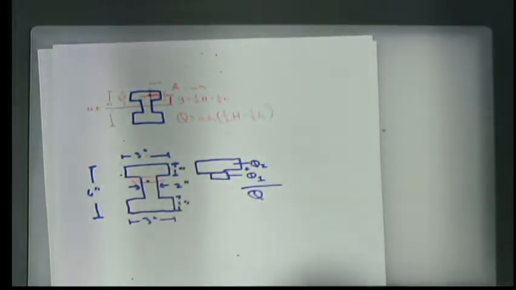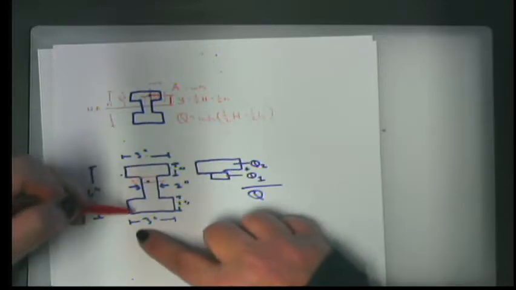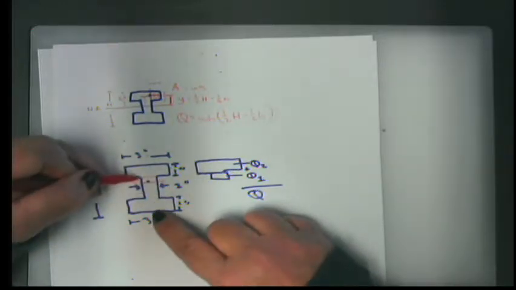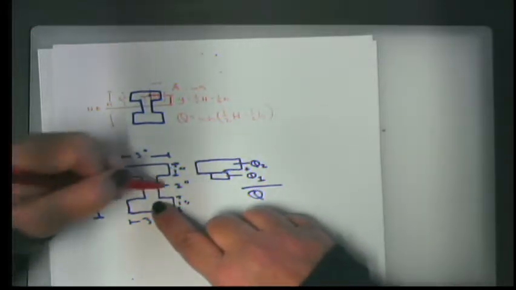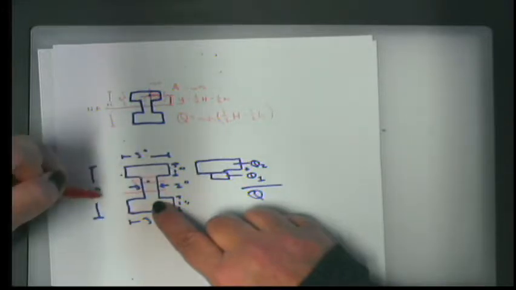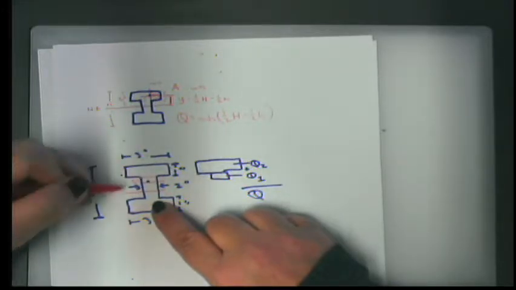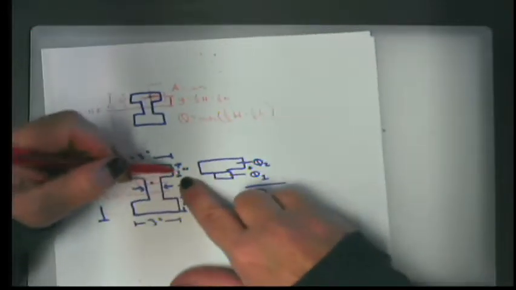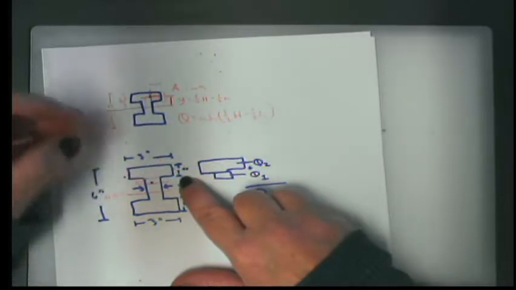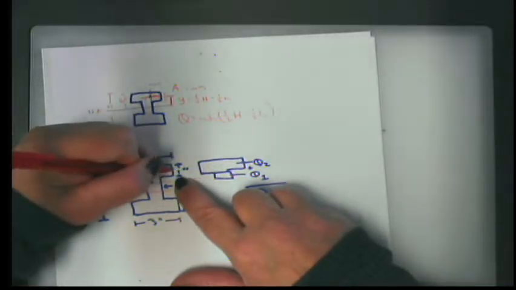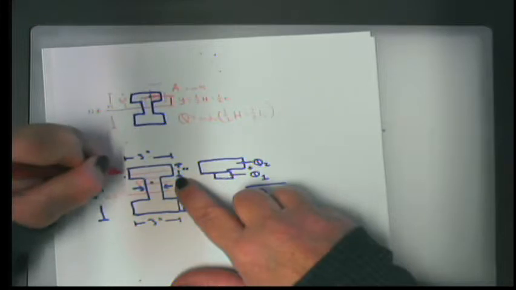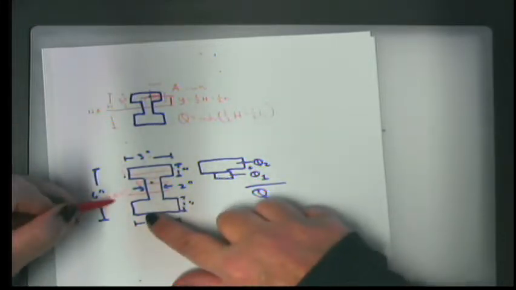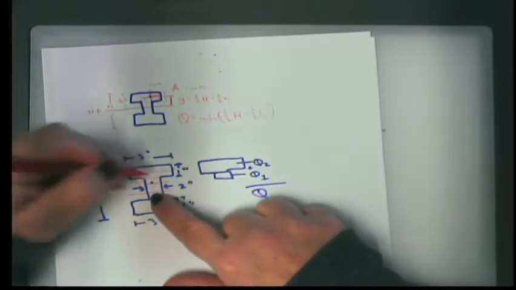So how about 1? First thing is we need to find the neutral axis, which if this entire thing is 6 inches, my neutral axis is at 3 inches from the bottom, or 3 inches from the top. If this top flange is 1 inch, that means that its centroid is 1/2 inch from the top, or 2.5 inches from the neutral axis.